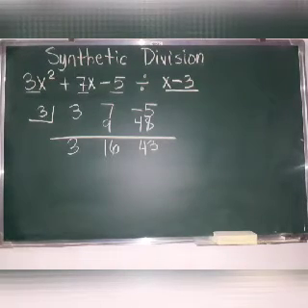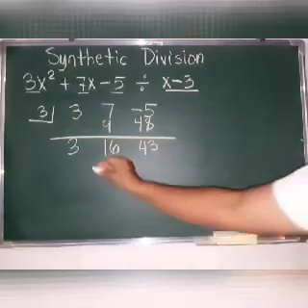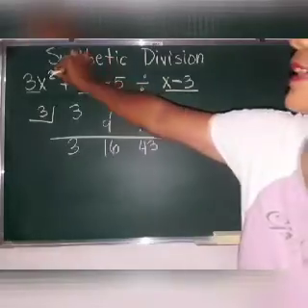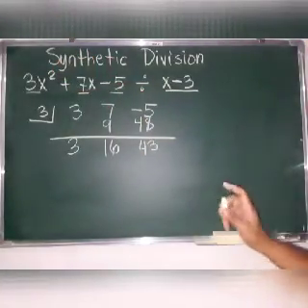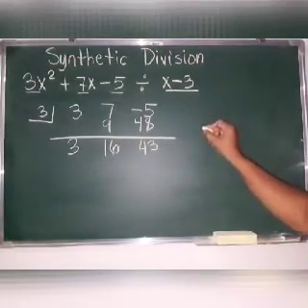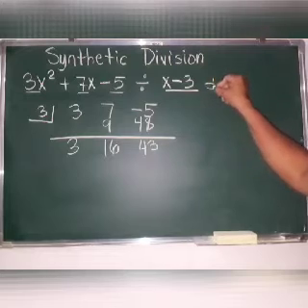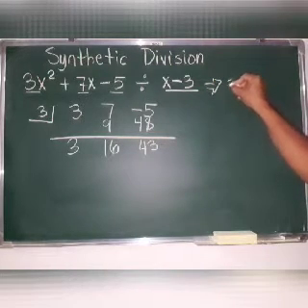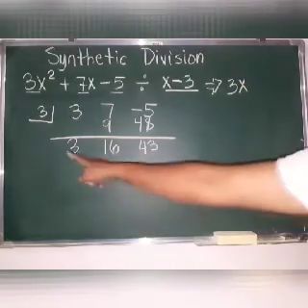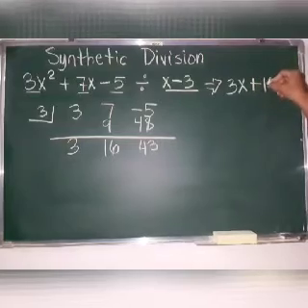So, isusulat na natin ngayon ang ating sagot. So, ang sagot natin dito, paano isusulat? Magle-less tayo ng exponent. Since ito ay squared, ngayon ay x lang. So, paano? Ito yung first term, so if we divide this, the answer is, we have 3x plus 16.